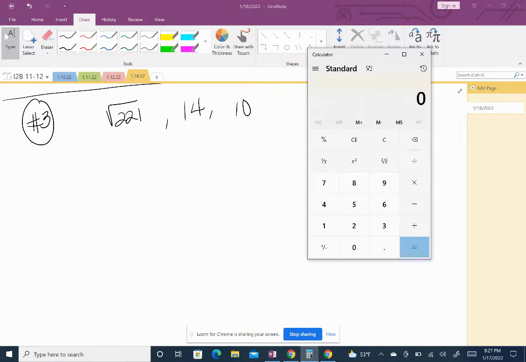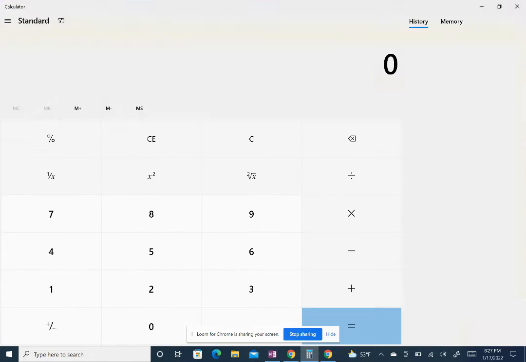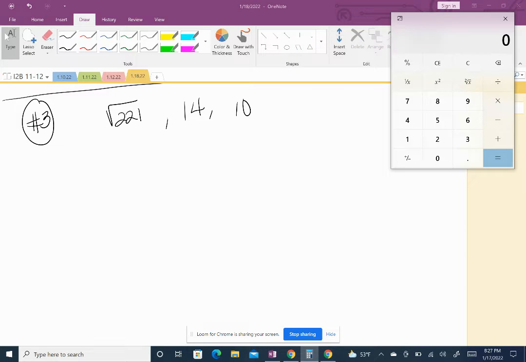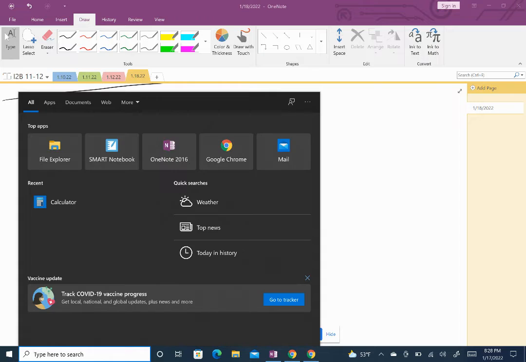So, oh wait, why is it not? Okay, we'll make it big. Oh, no, that doesn't do much. Okay, that'll do, I guess. Okay, so square root of 221 gives me 14 point, hold on, that doesn't seem right.